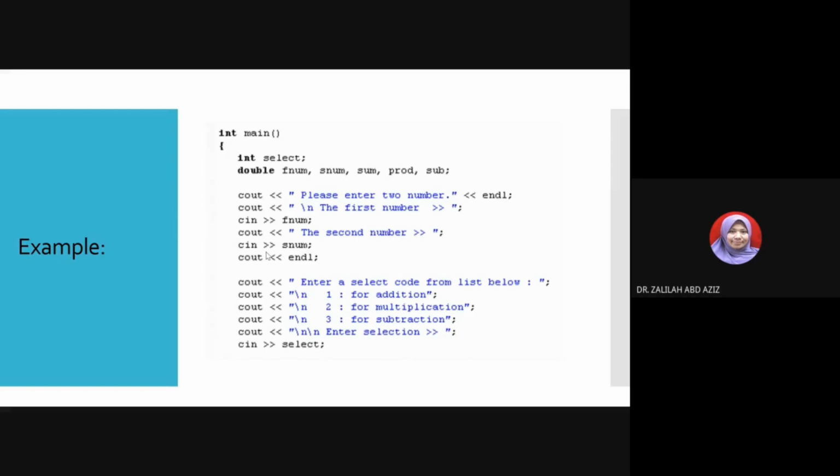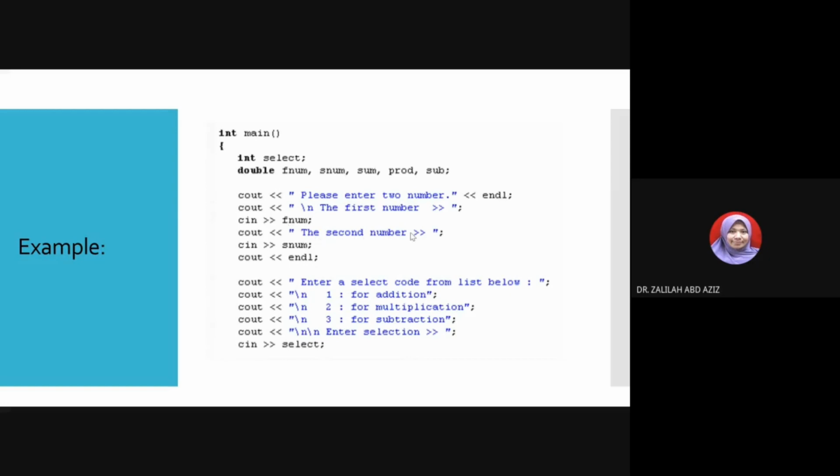Okay, so we have one program here. This is not yet the switch statement. So how many variables do we have here? We have select, first num, second num, sum, product, and subtraction. When we run this program, it will display please enter two numbers. Then please enter the first number. So we key in a number here, and that number will be stored in first num.